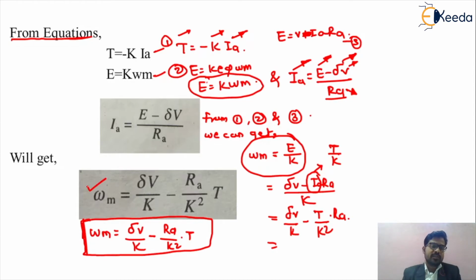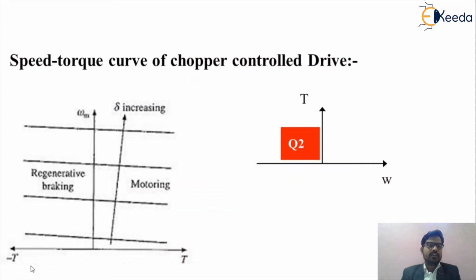So this will be the DC separately excited motor's torque speed relationship. The values of torque and speed are directly proportional. So from that equation, we can draw the regenerative braking characteristics, that is the torque speed characteristics. So friends, this will be the quadrant of operation.